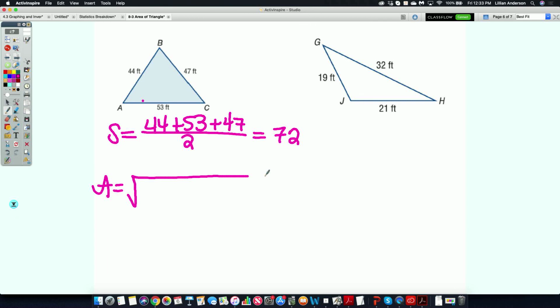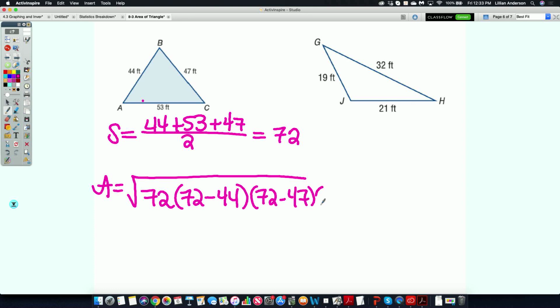So now we're able to use the formula. The area of the triangle is going to be the square root of S times S minus A, and to be honest, A, B, and C really can go in any order. You just have to subtract each side length from 72. So I can say 72 minus 44, 72 minus 47, and then 72 minus 53.